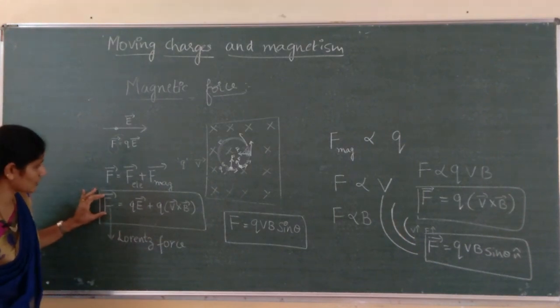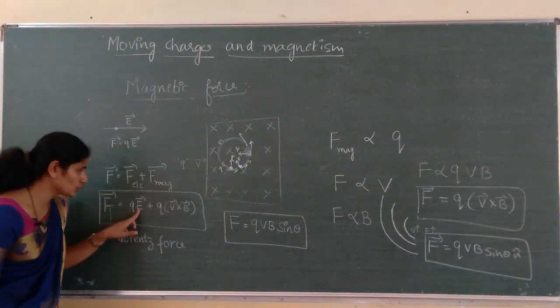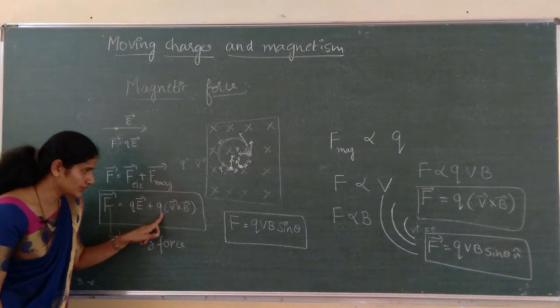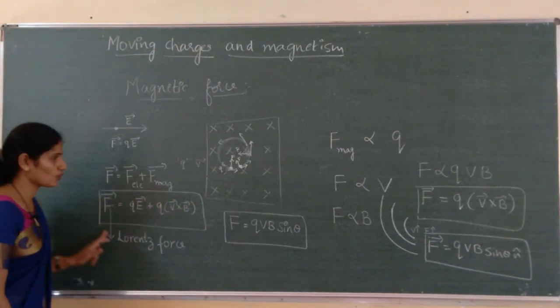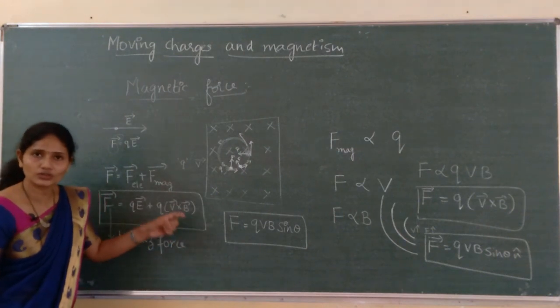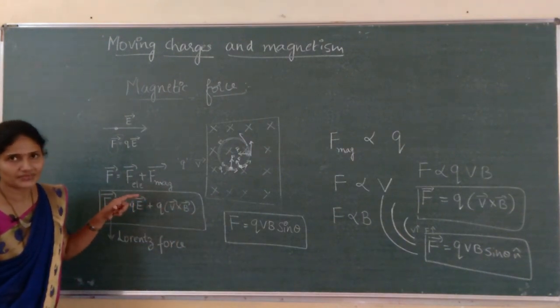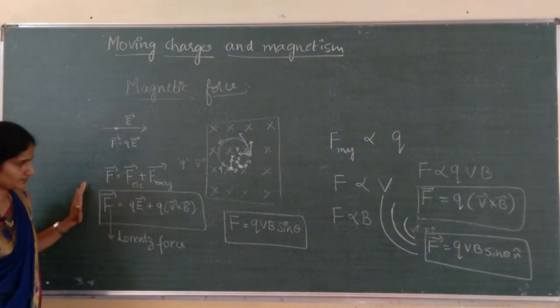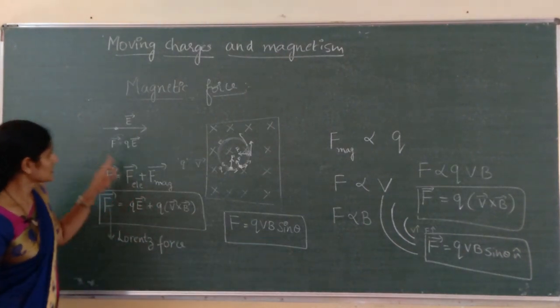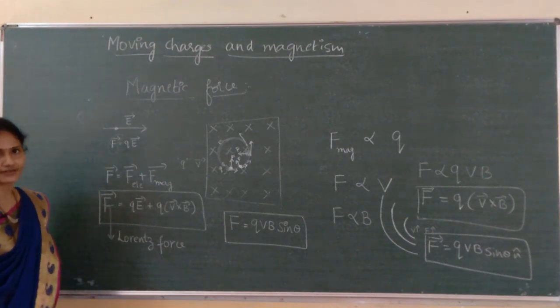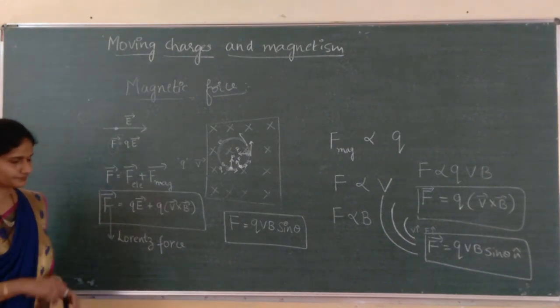Lorentz force F is equal to Q into E plus Q into V cross B. So, this is the expression for force in the presence of both electric field as well as magnetic field. This is the expression for magnetic force, and this is the expression for electric force.